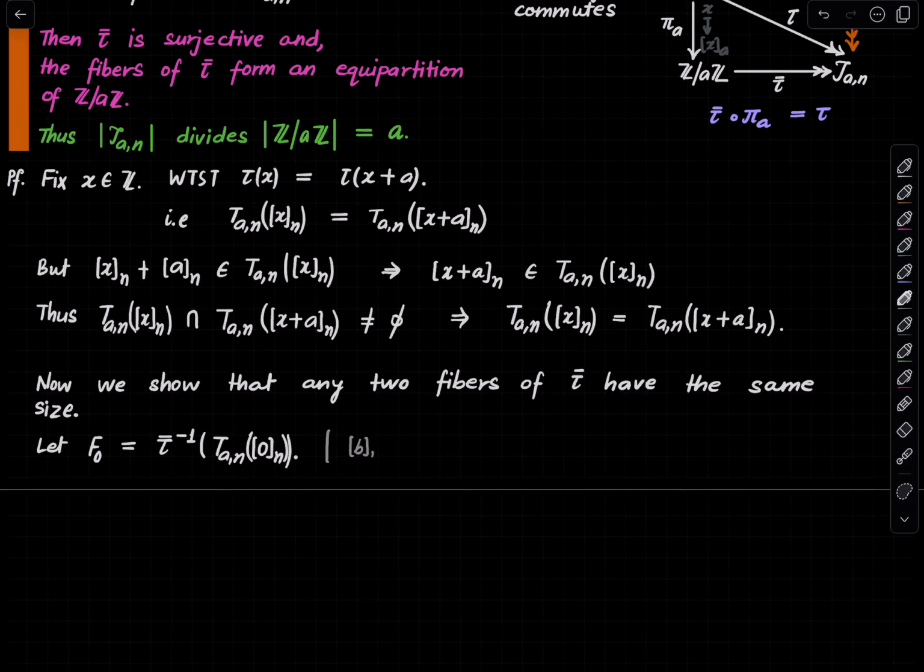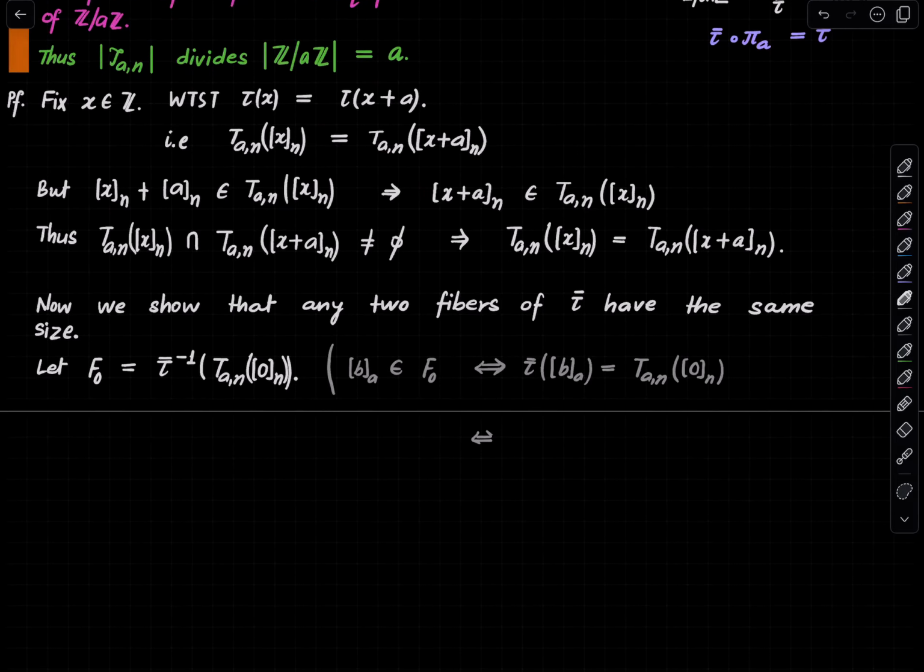This lies in F0 if and only if tau bar of this guy, where B is an integer and this is the remainder class of B, is in or is equal to the trajectory of 0 modulo n, which is the same as saying tau bar of this guy is equal to tau bar of 0 modulo a.